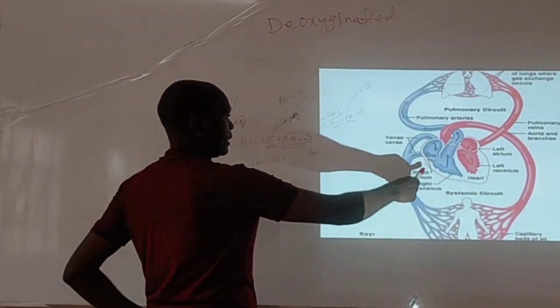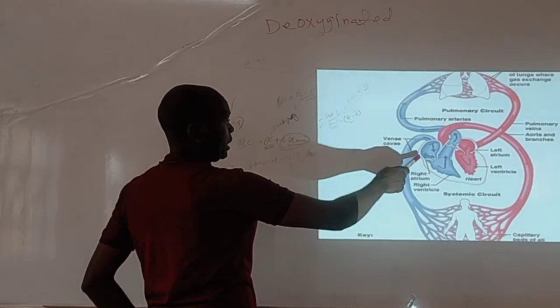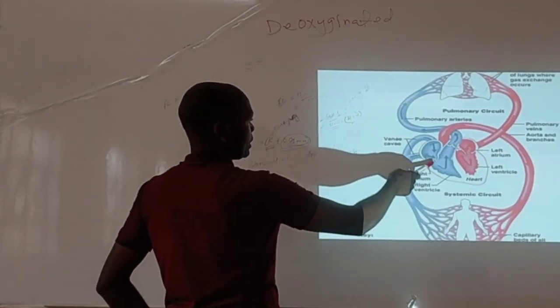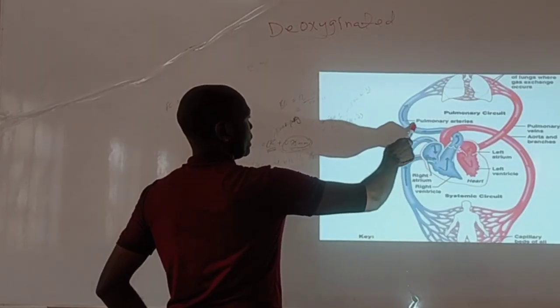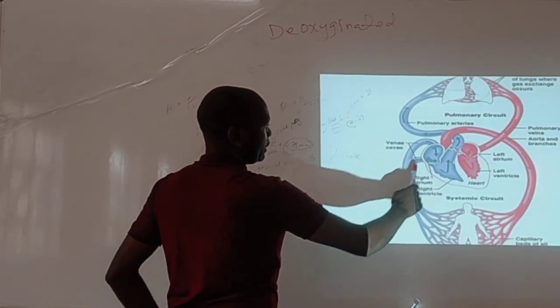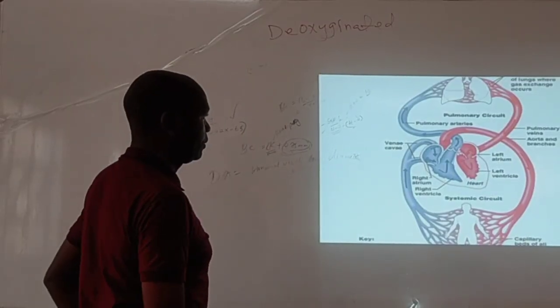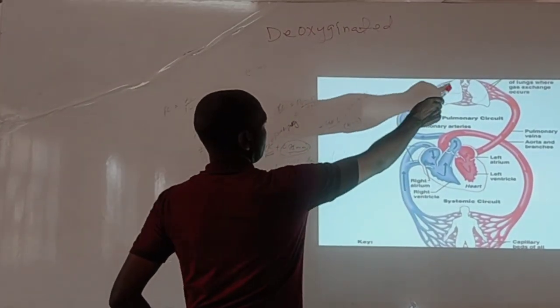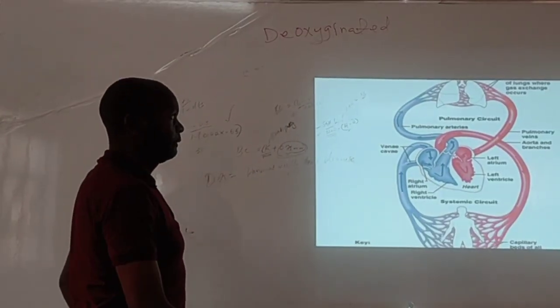So when we take this side here, blood that has no oxygen is being pumped from the right ventricle through the pulmonary artery to the lungs to collect oxygen.